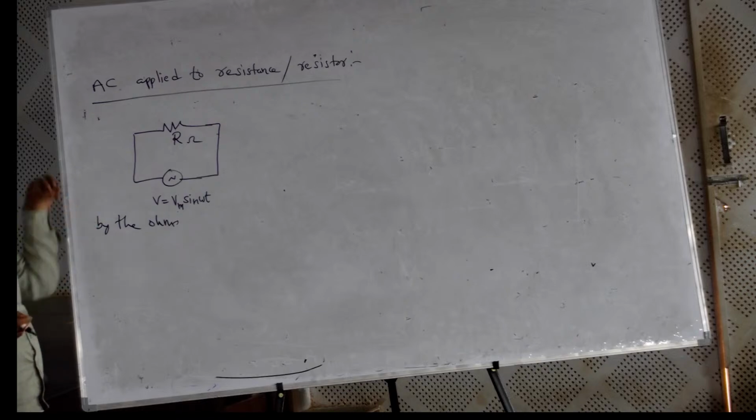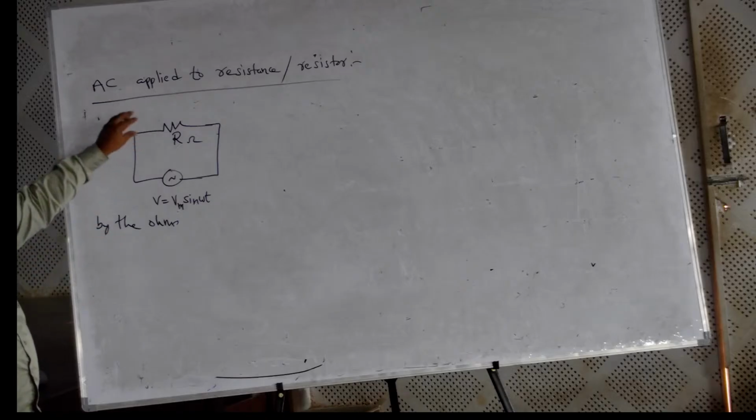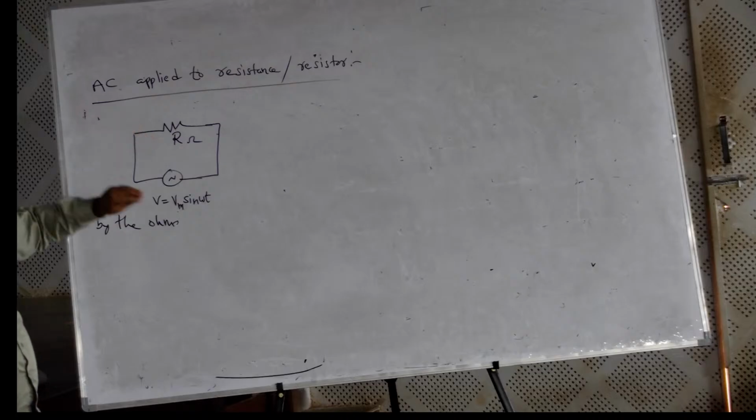A resistor is an element which follows the principle of resistance. What is meant by resistance? Resistance is the property of the material which opposes the flow of current. That means the resistor element is defined by the formula of Ohm's law.